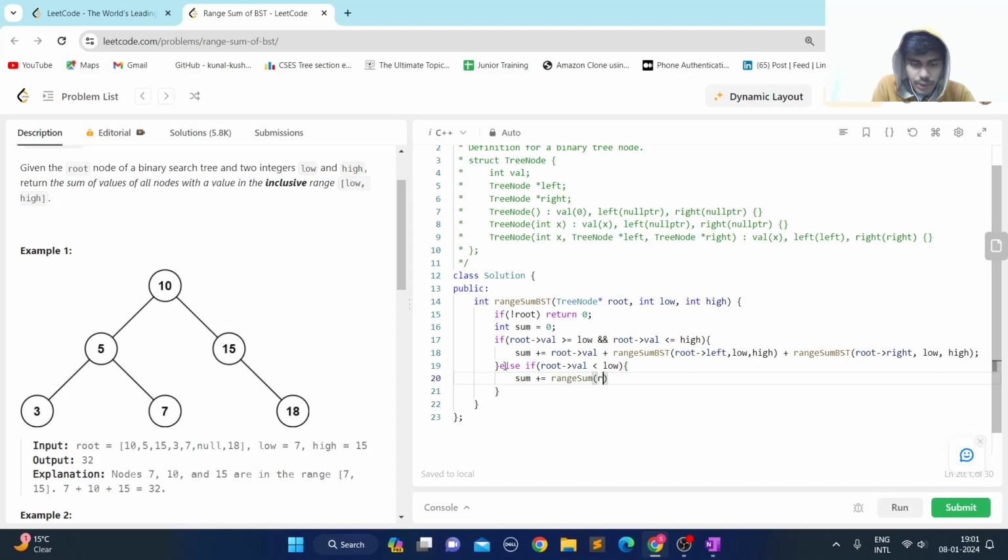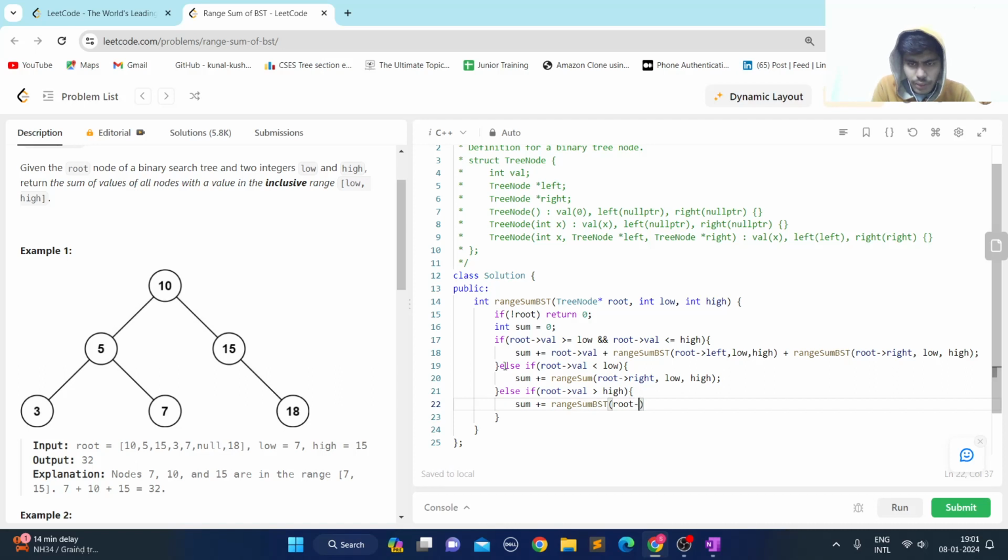Okay, so it will call to its right part, and then low and then high. Yeah, it is done. Else if root value is greater than high, then what we are going to do, we'll add the value returned by range sum BST from the left hand side.